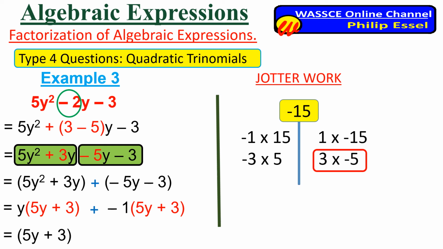So we would merge the two together to form one factor. When we do this, we would get in bracket y minus 1, bracket closed. So that will be our final answer. 5y plus 3 all in bracket multiplied by y minus 1, all in bracket. As simple as that. Let's look at the last example.